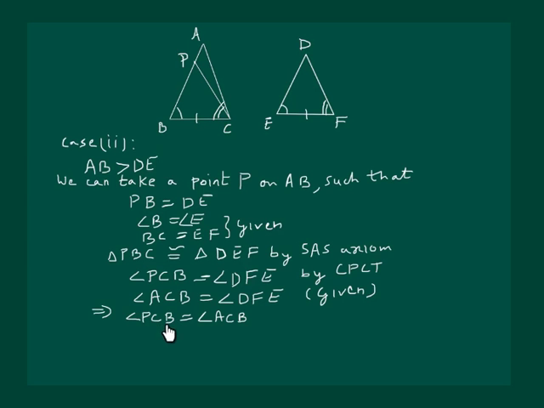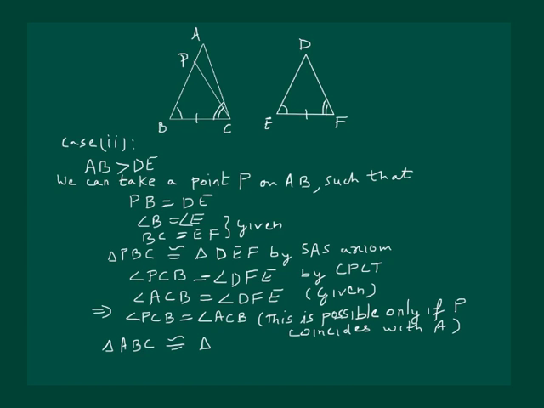So this condition can arise only if P coincides with A. So P should coincide with A, and hence triangle ABC is congruent to triangle DEF by the SAS axiom.